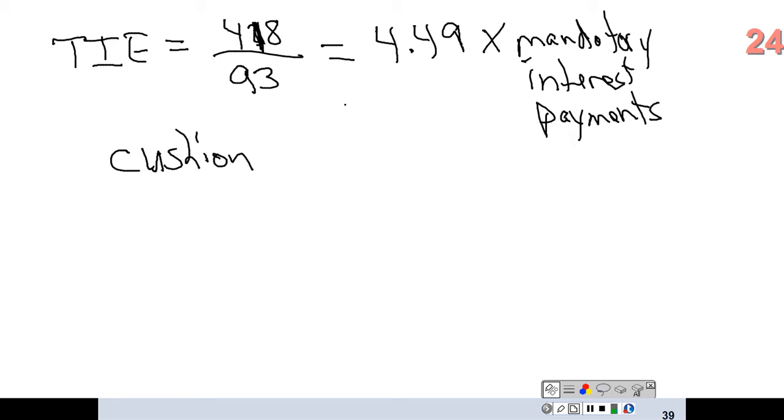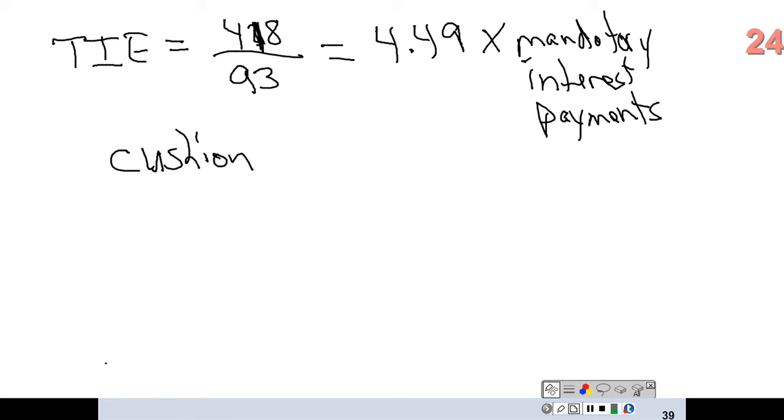Now, this is similar to what you may be going through right now. When you're in college, a lot of times, if you were like I was, you don't have a lot of money, and you have certain monthly expenses.